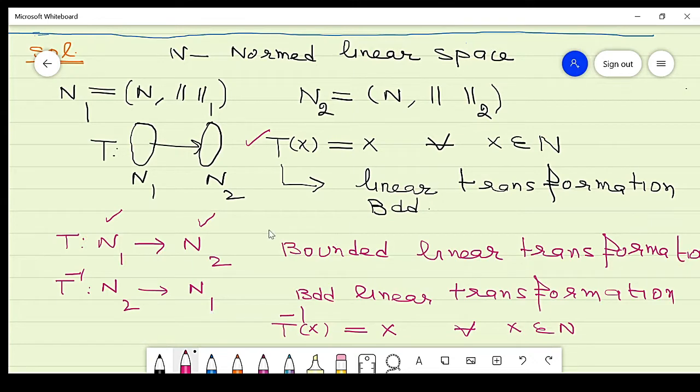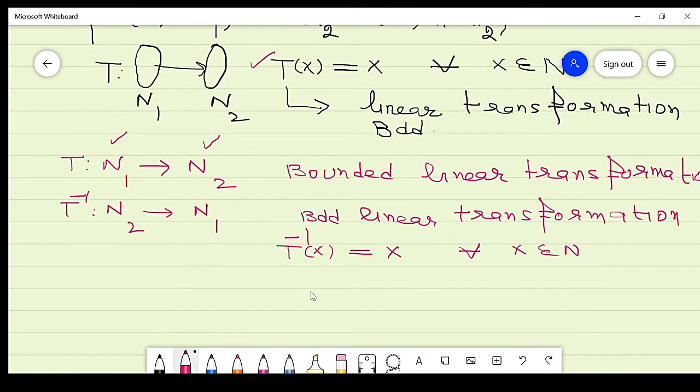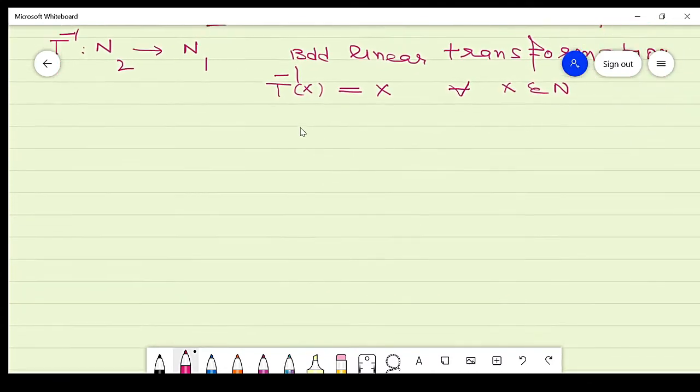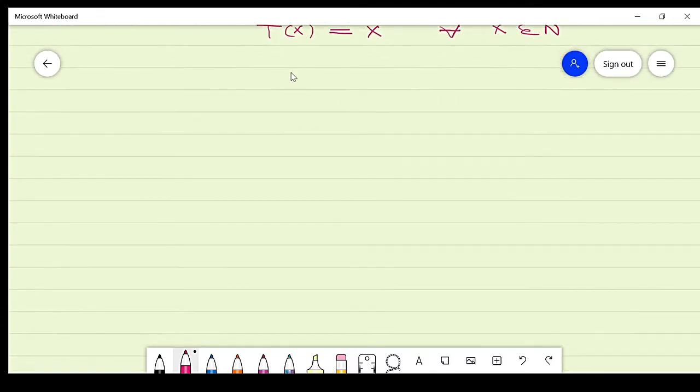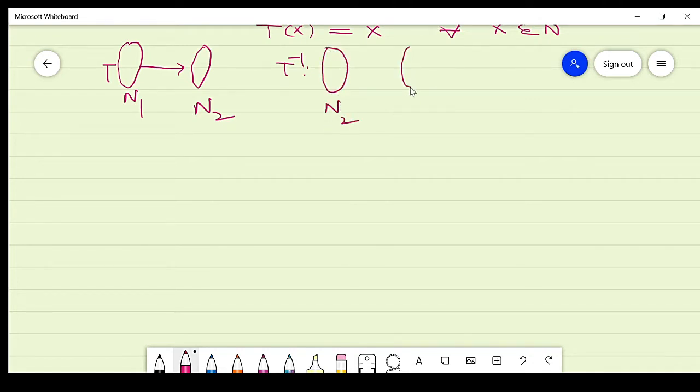Both T and T inverse are bounded linear transformations, and we can also say they are continuous linear transformations. So T is a mapping from N1 to N2, and T inverse is a mapping from N2 to N1.